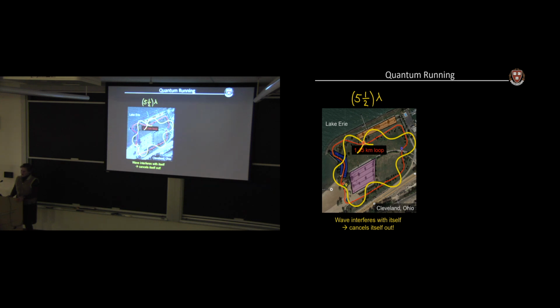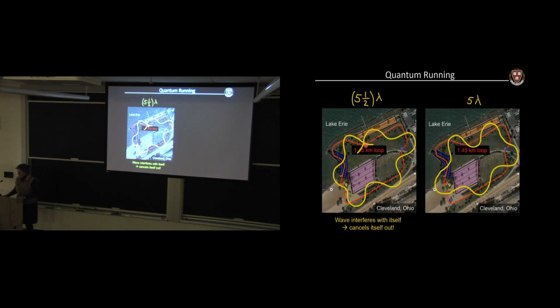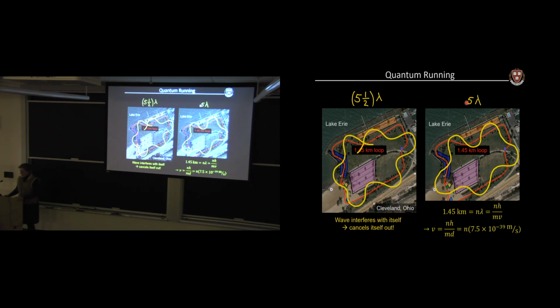Because if my wavelength did not fit an integer number of times into the loop, then I would cancel myself out when I come around the other side, and that would be a bummer. So instead, if I have an integer number of wavelengths, then I can continue to exist as I run around and around this loop. And you can even calculate my wavelength, and you can calculate the quantization of my velocity, which in fact is rather small.